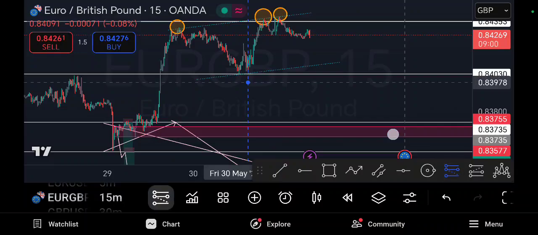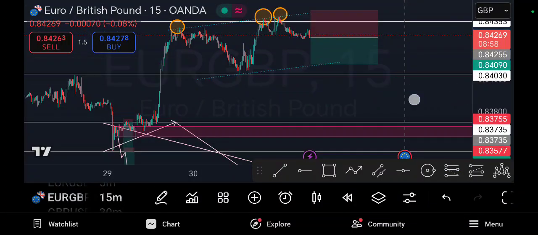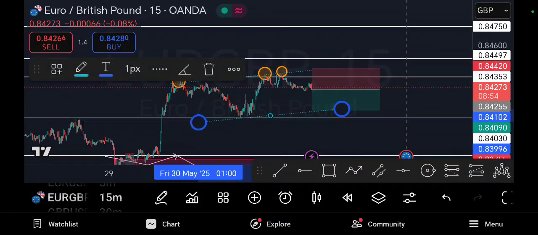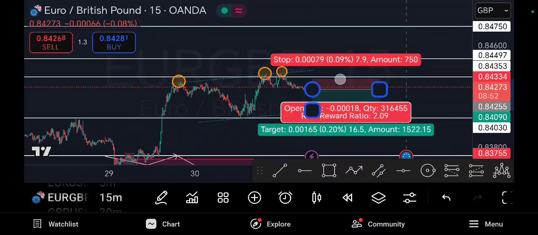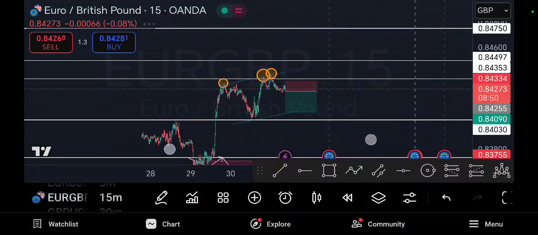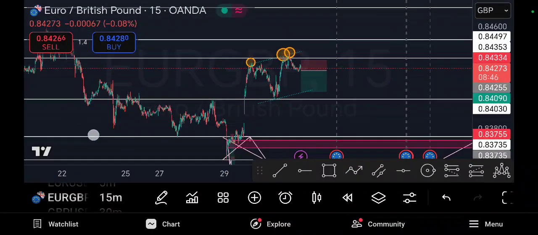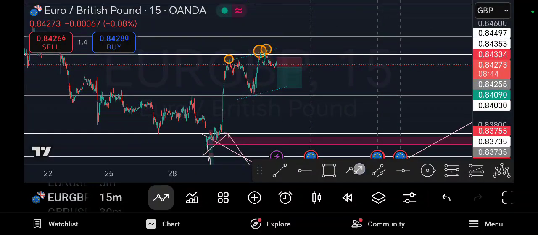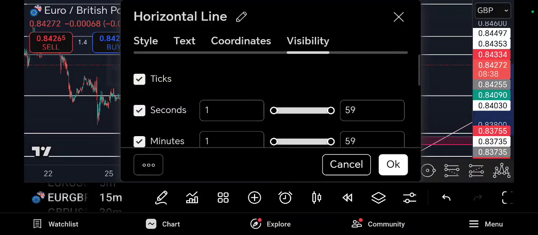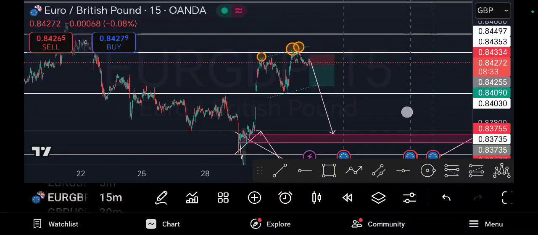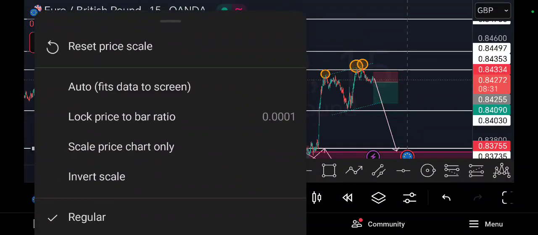So cool, we're looking to sell Euro GBP, like that, and there you have it. And then it could actually break out and come retest here again. So let's just have it at that for now, and that's about it, guys.